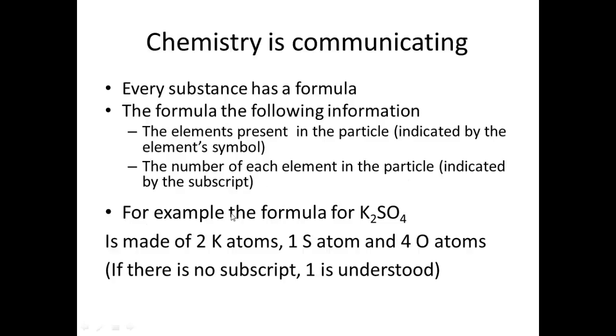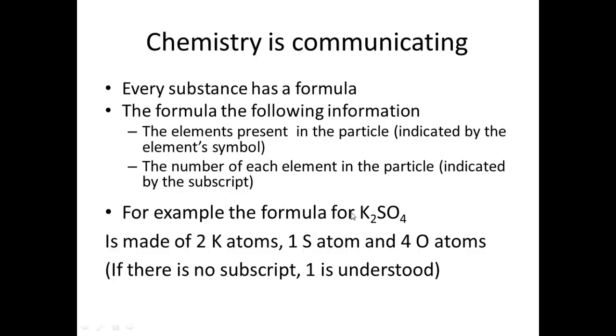For example, a formula for potassium sulfate is K2SO4. We can get a certain amount of information from that. It's made of potassium atoms, that's why there's a K, sulfur atoms, that's why there's an S, and oxygen atoms, that's why there's an O. So K2SO4 is made of 2 potassium atoms, 1 sulfur atom, and 4 oxygen atoms.